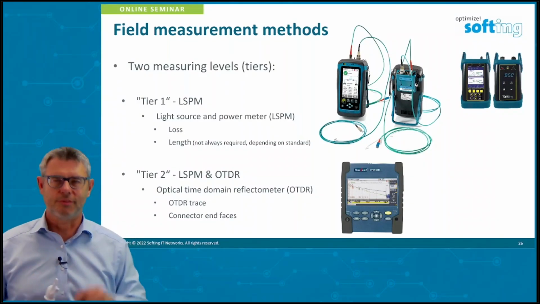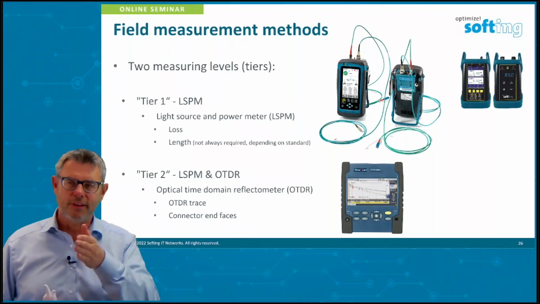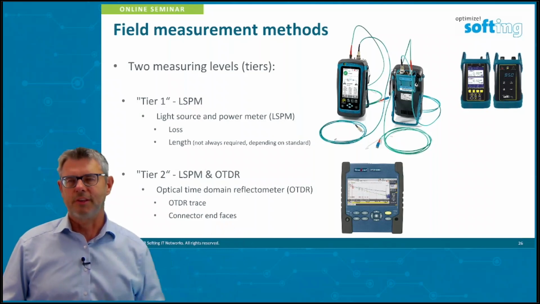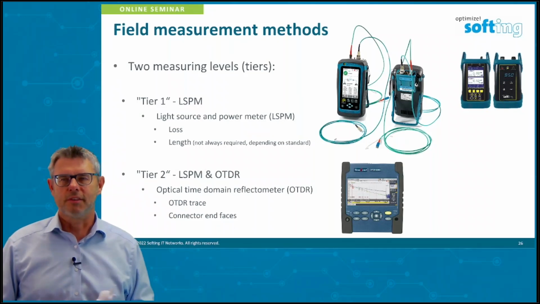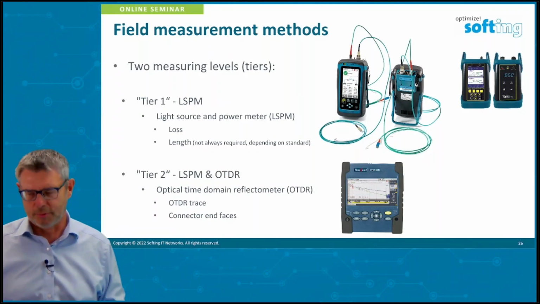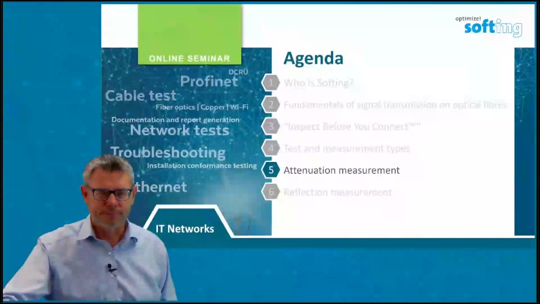We see later on a graph how this works. And we get here a very good localization of events on the trace, on the distance of the cable as well. So that's helpful to find out where is the problem on the fiber optic link, for example. But let's first start with the attenuation measurement.